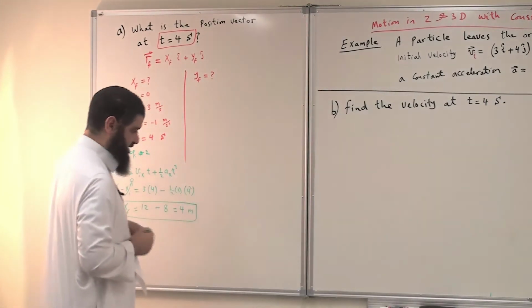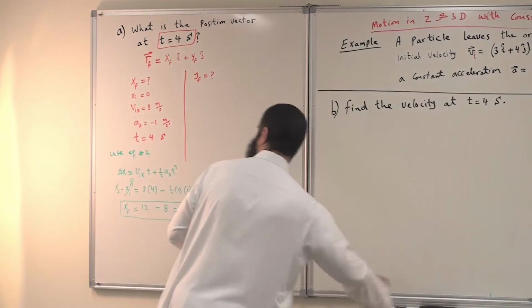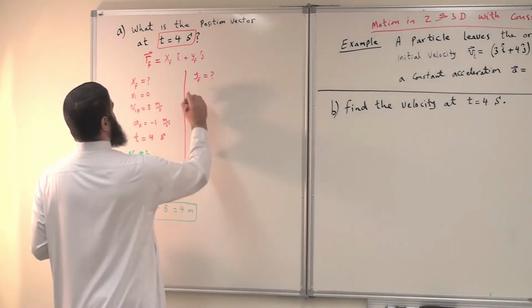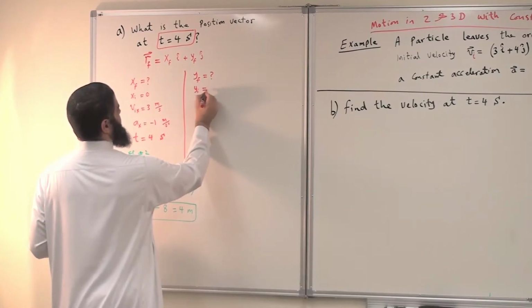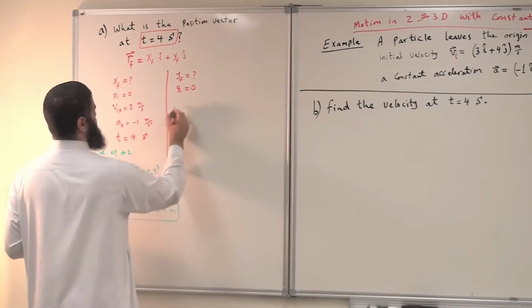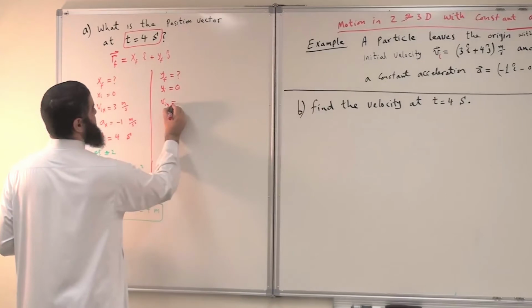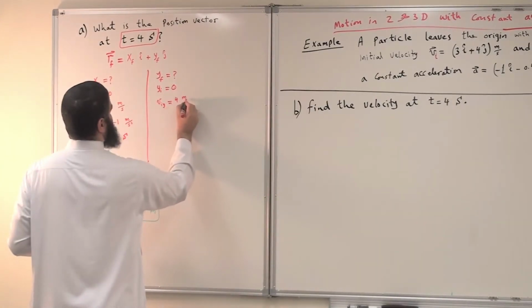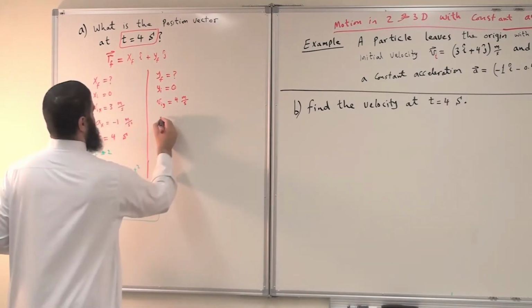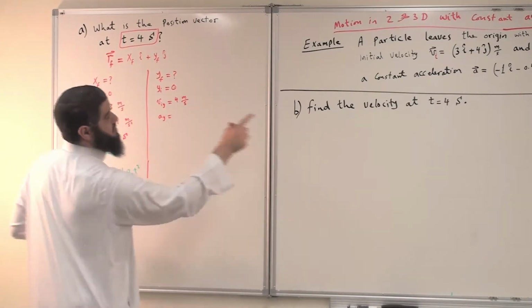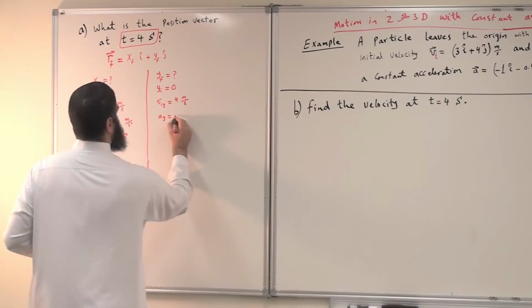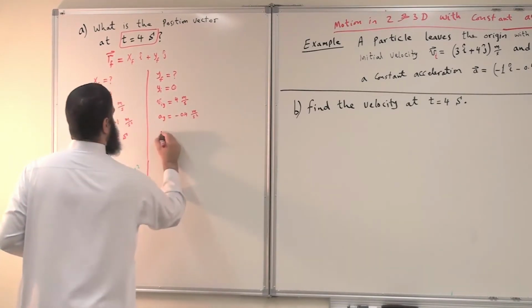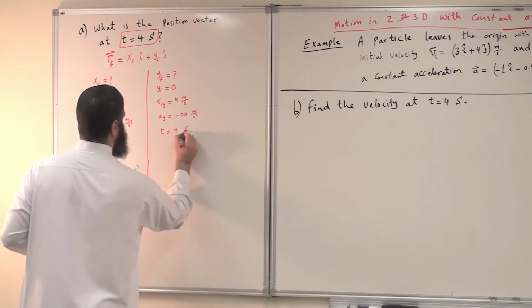Let us now work the same for y final. What is given? Y final is unknown. Y initial was at the origin, so it was 0. V initial y is given to be 4 meters per second. The acceleration in the y direction is given to be -0.4 meter per second squared, and the time is 4 seconds.